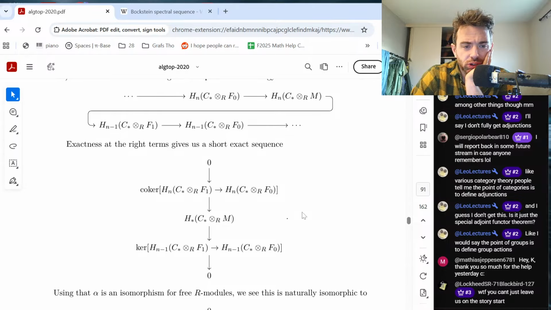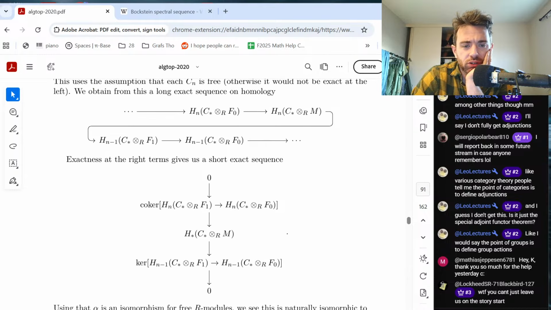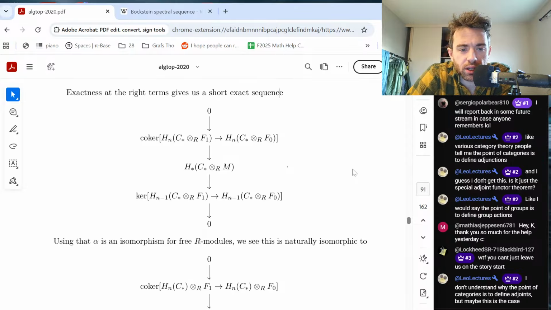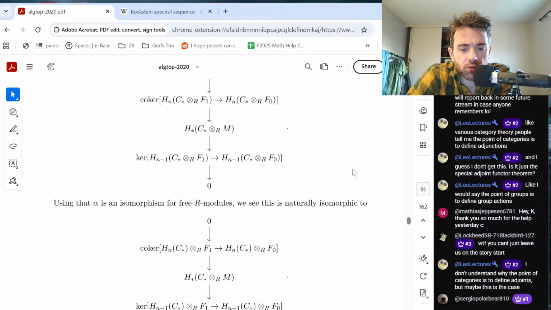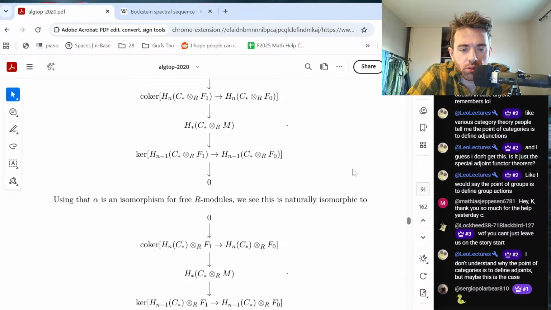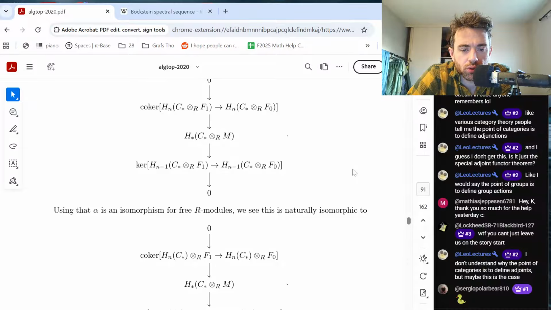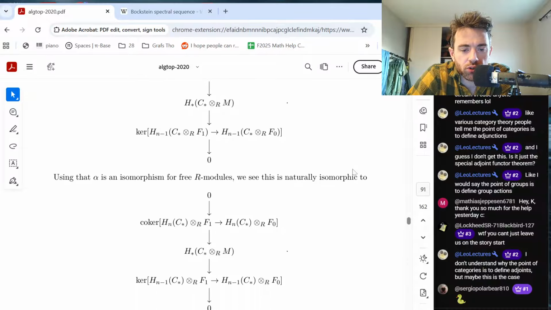Exactness of this sequence at the right terms gives us a short exact sequence here. And then using that alpha is an isomorphism of R modules, we see that this is naturally isomorphic to this.